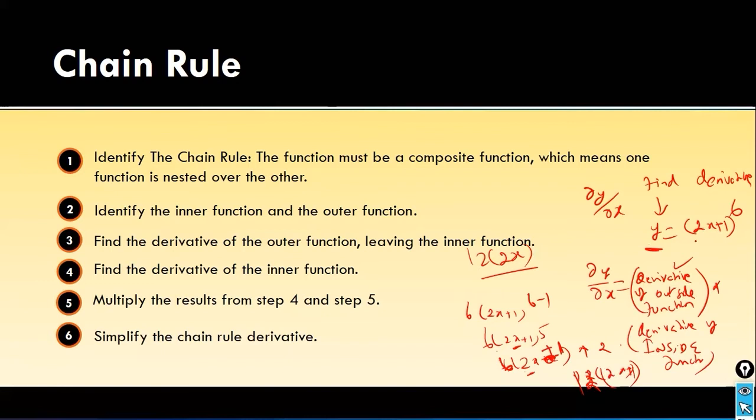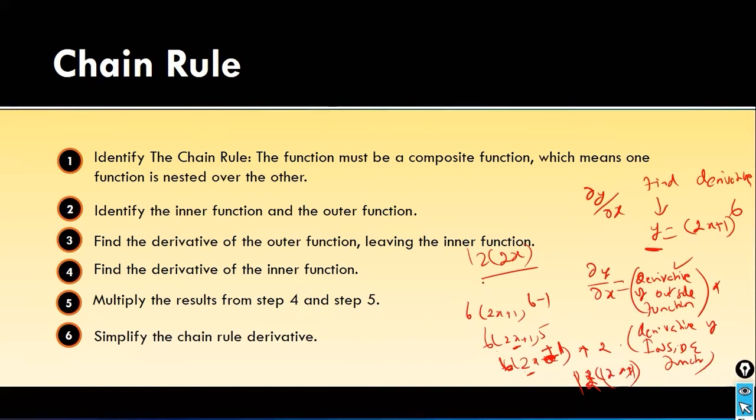Once you have found the derivative of the outside function, the next step is to find the derivative of the inner function, 2x plus 1, and multiply the results. The inner function and then the outer function, you need to multiply, and you will get this value.